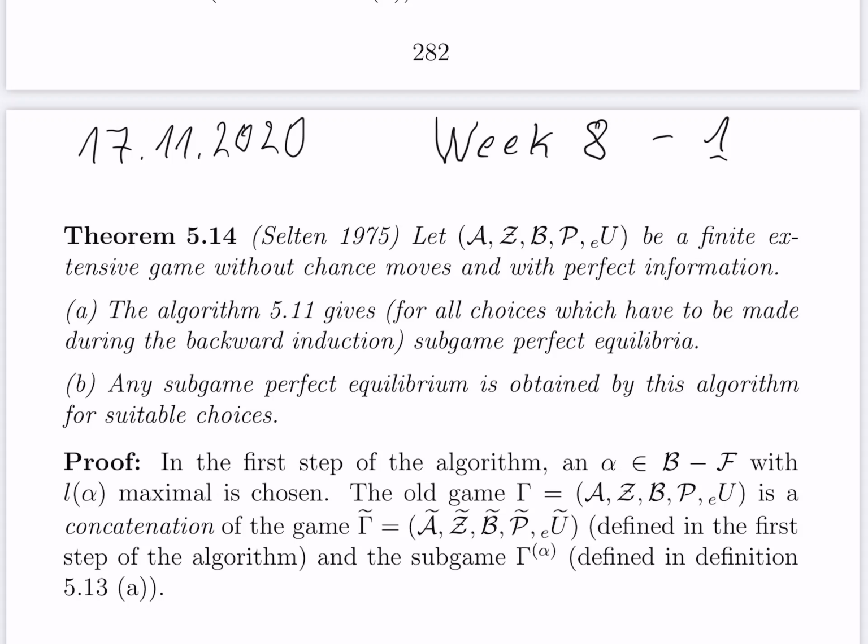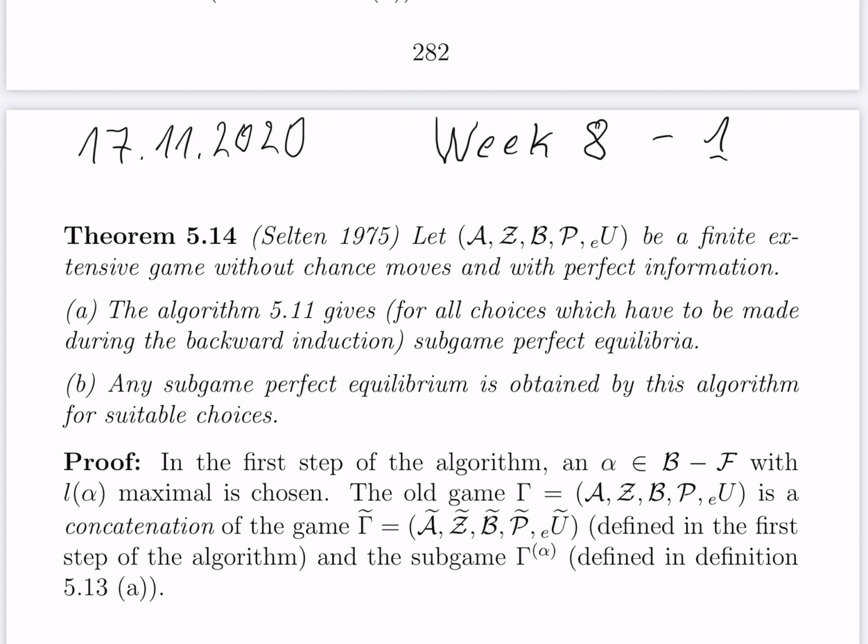In this video I want to prove theorem 514. We have seen this already in the last video. It is due to Reinhard Selten from 1975. He got the Nobel Prize together with Nash and Harsanyi in 1994 for their work on Nash equilibria and refinements like this one.